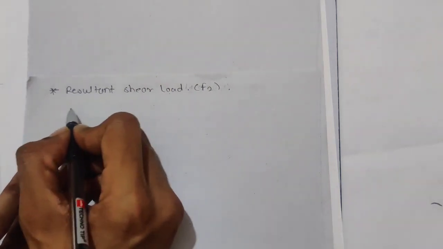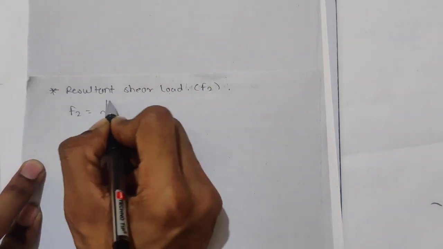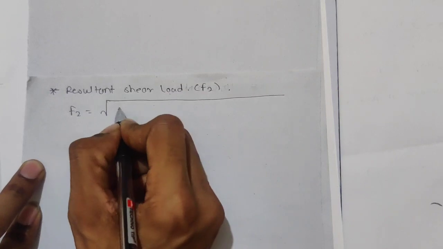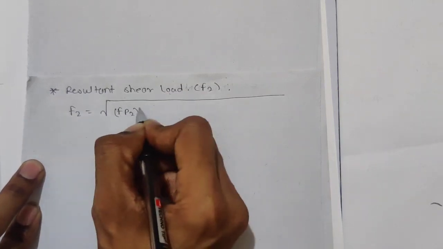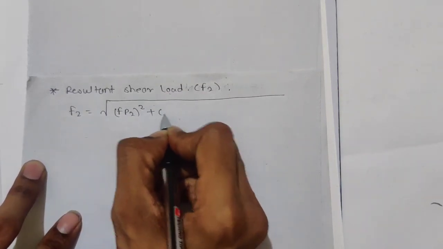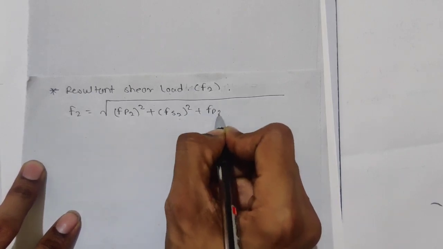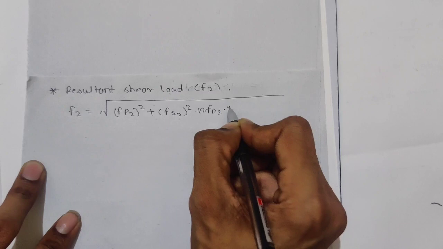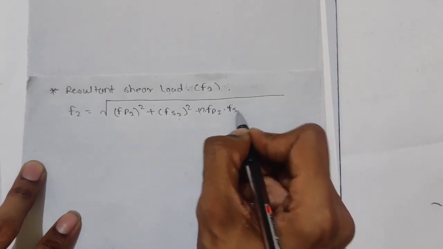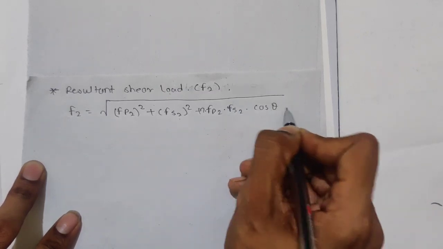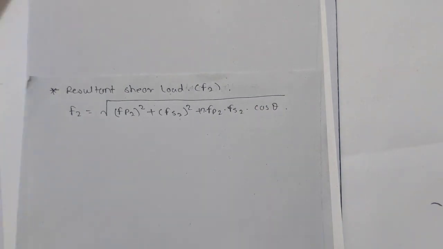Okay. So we know the vector addition formula, that is F2 is equal to F primary on bolt 2 square plus F secondary on bolt 2 square plus 2 F P2 Fs2 cos theta.